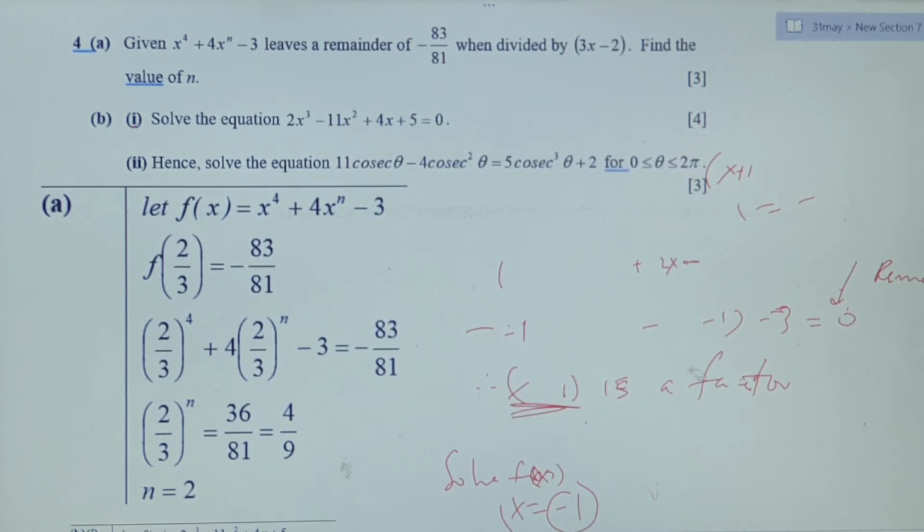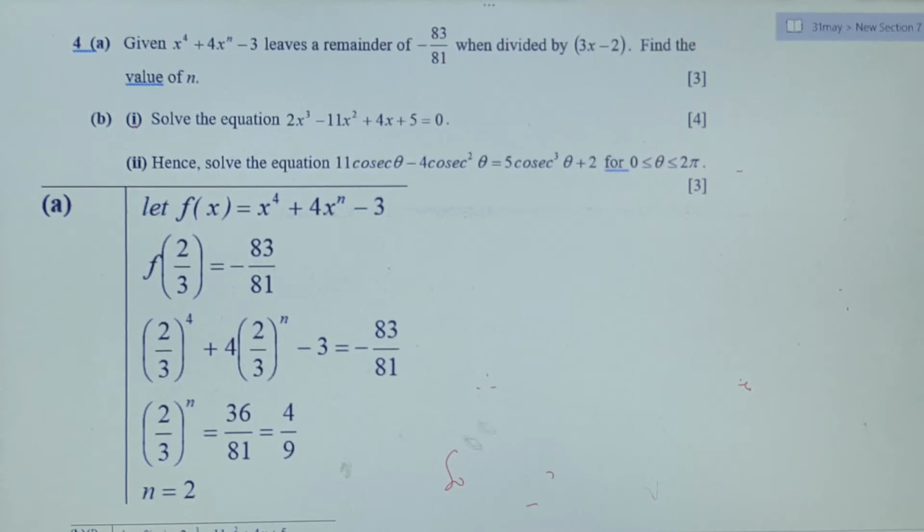Okay, now let's look at this question. You read the question while I'm erasing, don't waste time. Given that this leaves a remainder, this leaves a remainder. So the first thing you do is you let f(x) be this. Why do you need to let f(x) be this? Because only when the expression here has a name, we call it f(x), okay, then you can find f of whatever you need later.